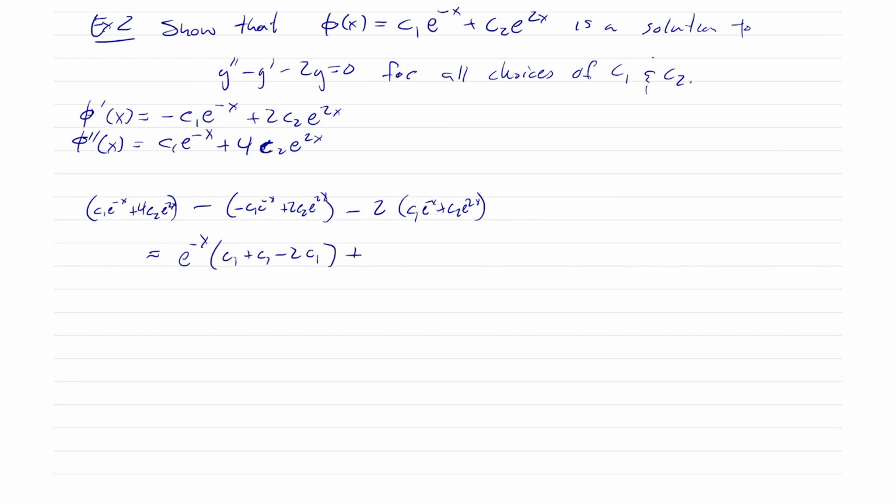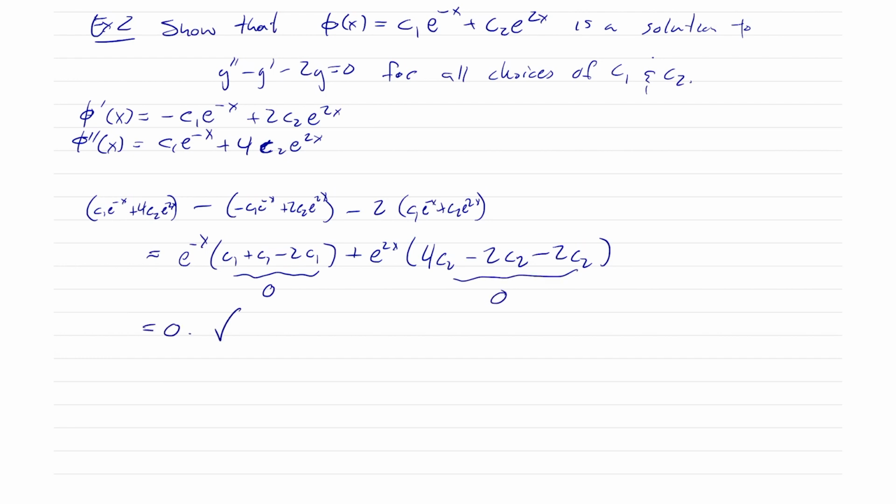And then everything connected to e to the 2x: I have a 4c2, I have a minus 2c2 from the next term, then I have another minus 2c2 from the next term. Well, this is 0, and this is 0, so this is equal to 0, check.